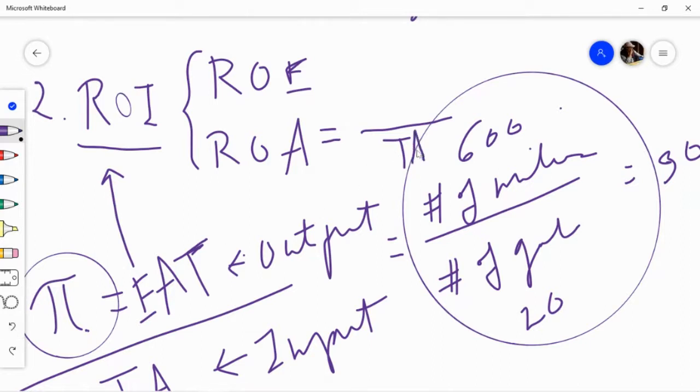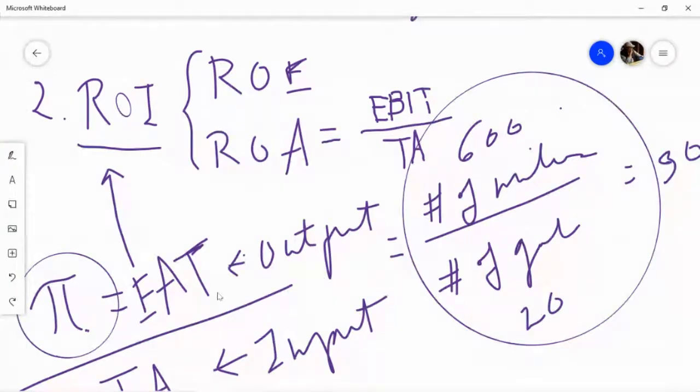Ultimately the output would be the net profit, but the more appropriate output for total assets is EBIT, earnings before interest and taxes. Okay, why?